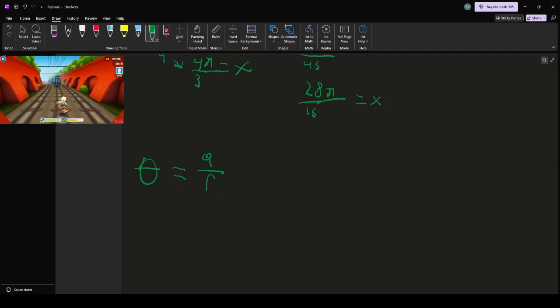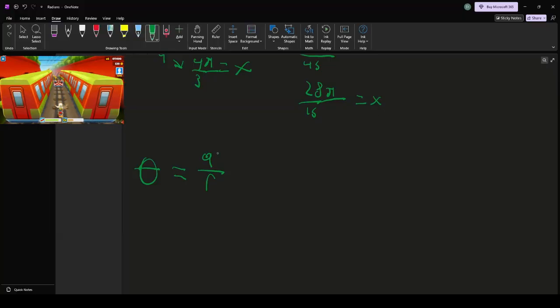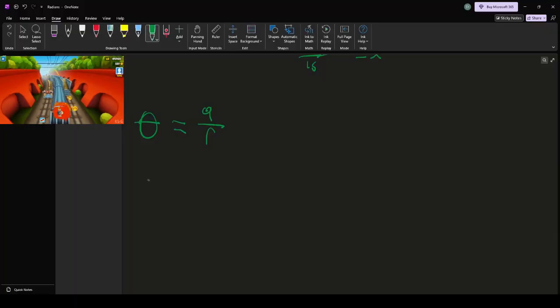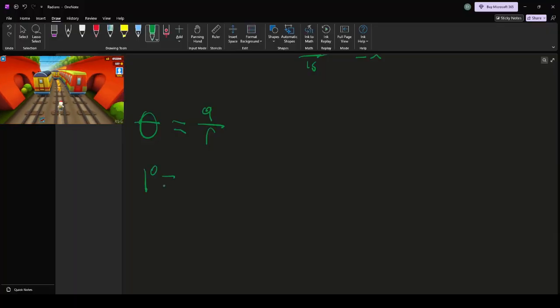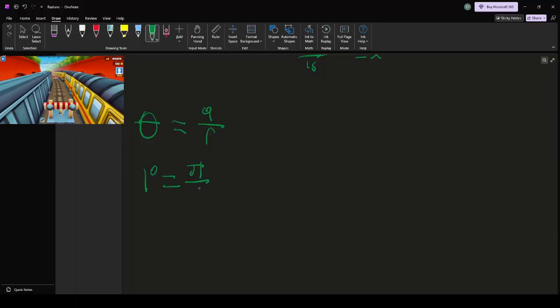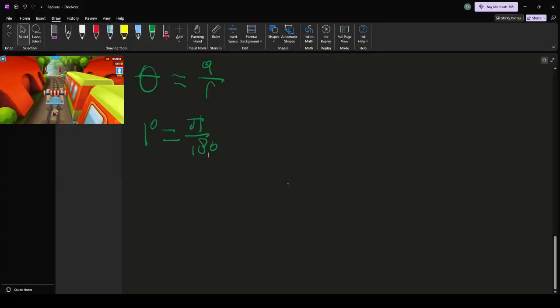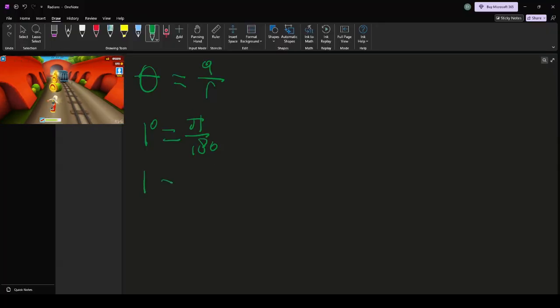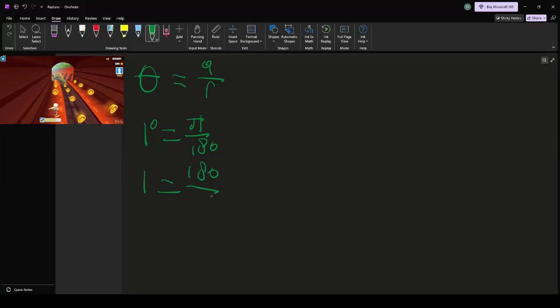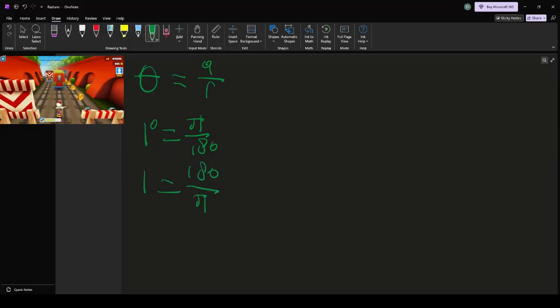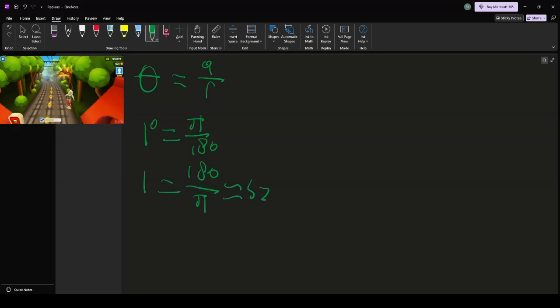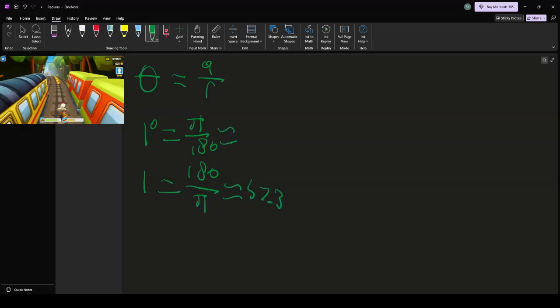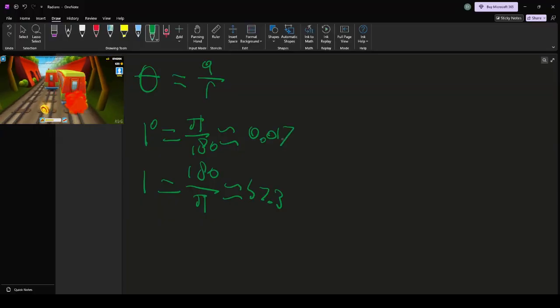A radian is a relation between an arc length and the radius. 1 degree equals pi over 180 radians. 1 radian equals this many degrees, which is roughly 57.3, and this is roughly equal to 0.017.